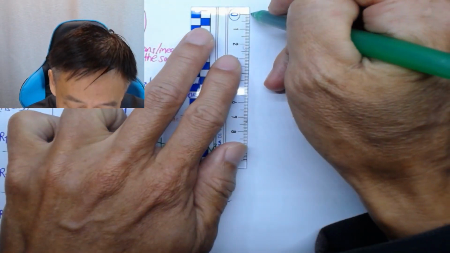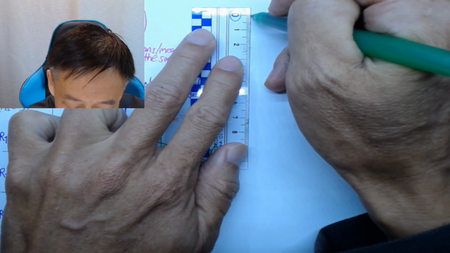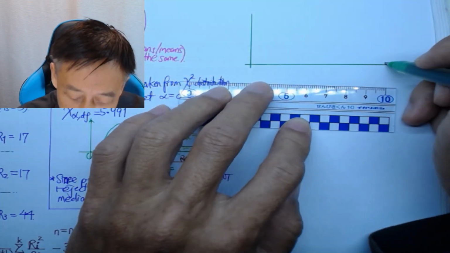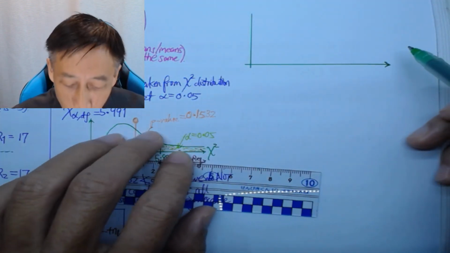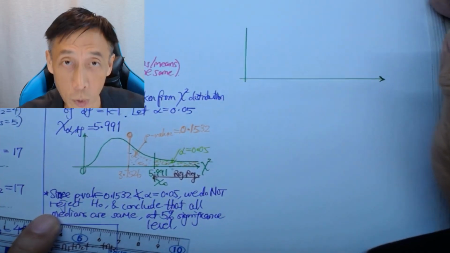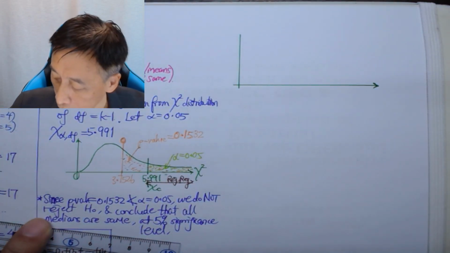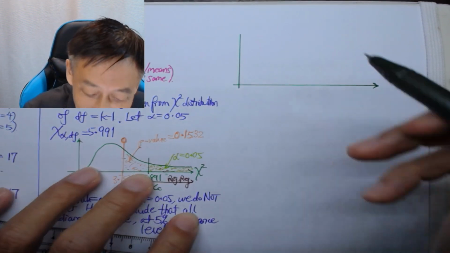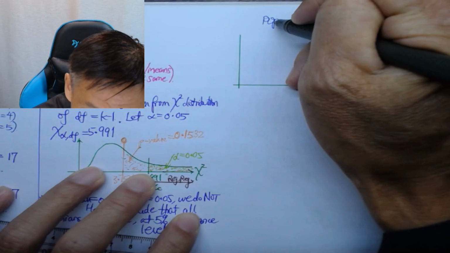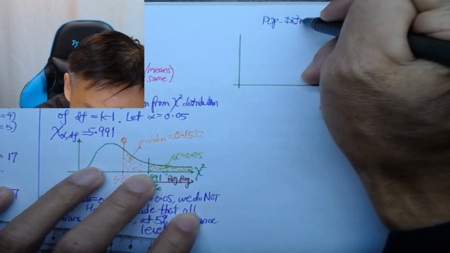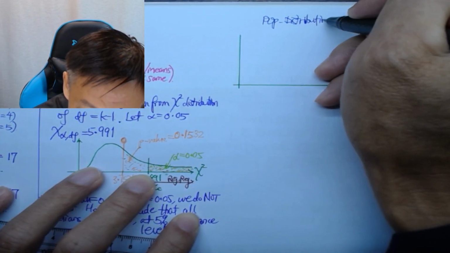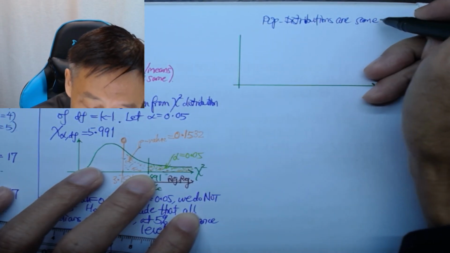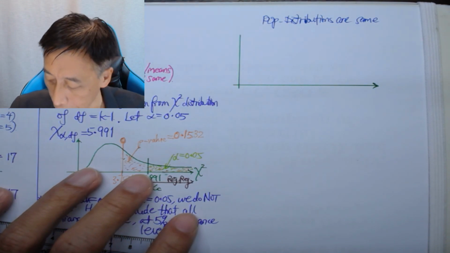So here, under the assumption that population distributions are the same, let's draw two population distributions.